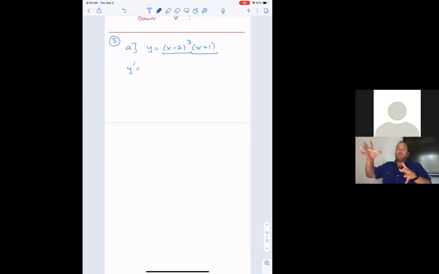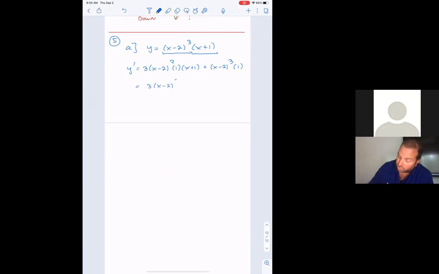It's a function, x minus 2, to a power. So it's 3(x minus 2) squared times the derivative of the inside, which is 1, times the second untouched, plus the first untouched times the derivative of the second. So this gives me 3(x minus 2) squared (x plus 1) plus (x minus 2) cubed.